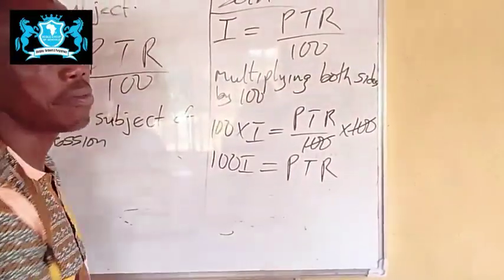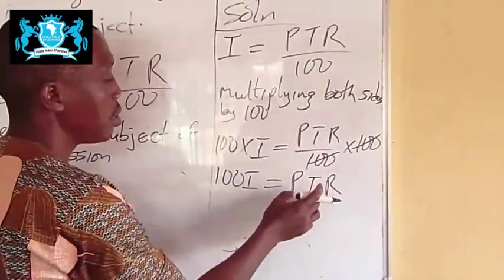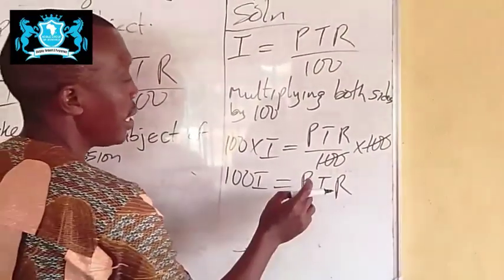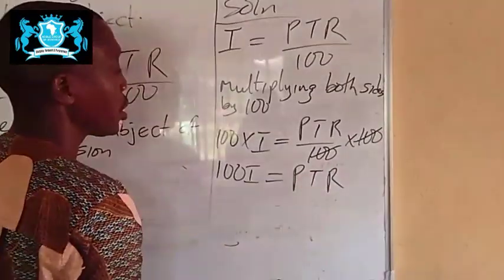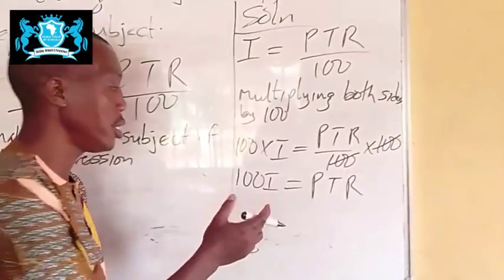I choose my P. How is P related to T, which is my target? It is related by multiplication. What is the appropriate conjugate for it? Division.